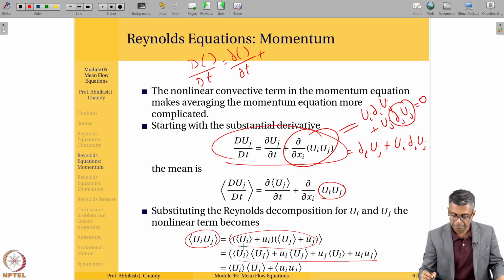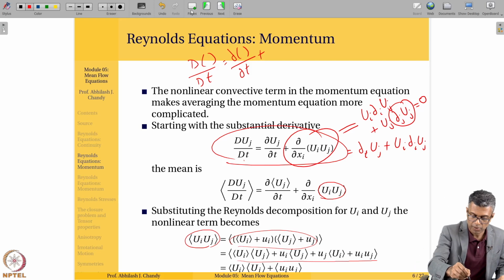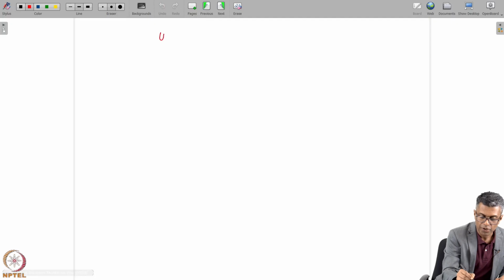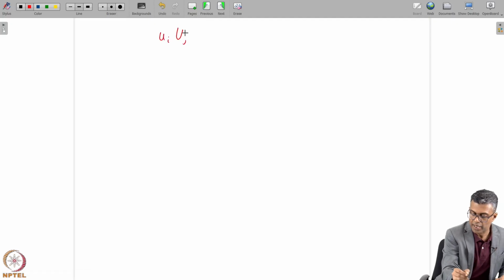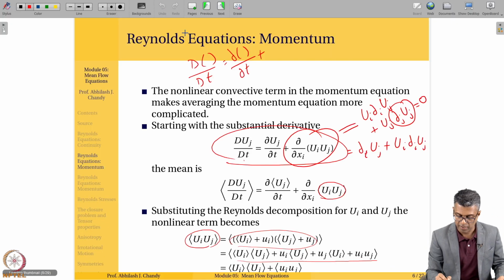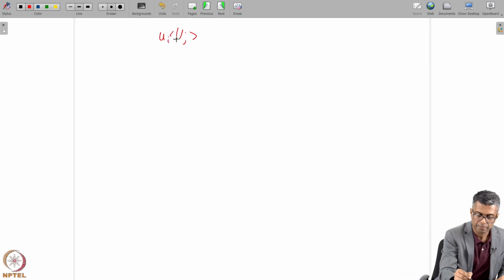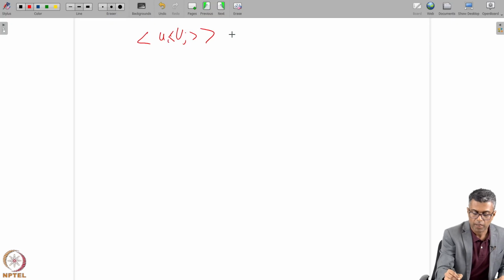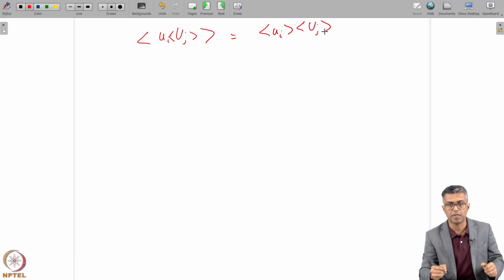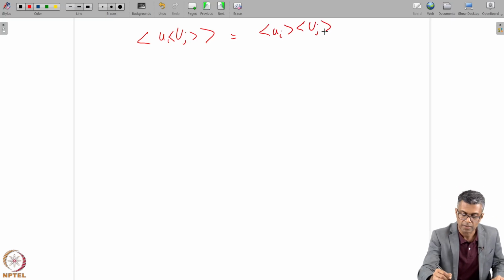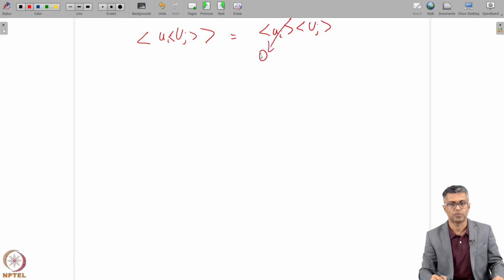Then what happens? Just so that we are clear, if I have ui uj like we had previously and then I take the mean of that, what I end up getting is ui mean uj mean, and the cross terms are 0, isn't it?